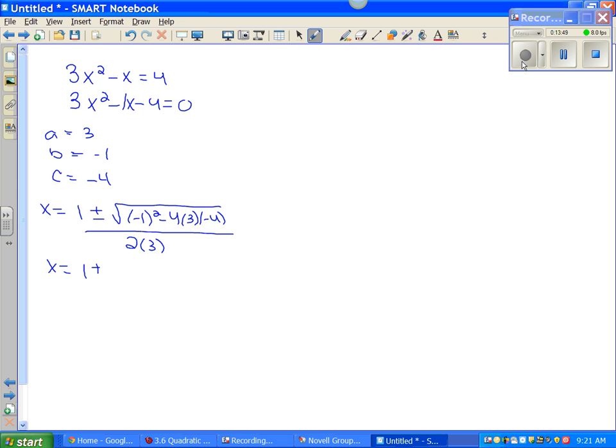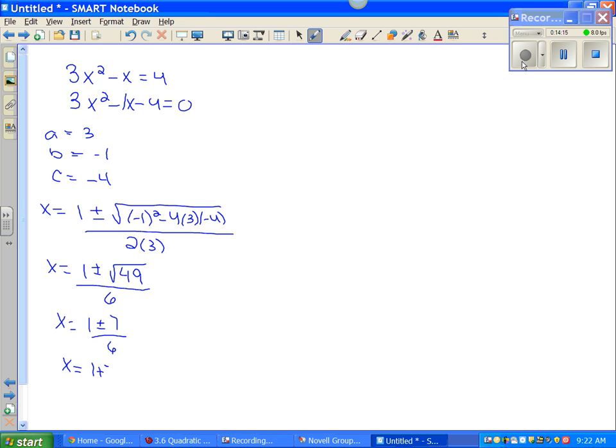Okay, so you get x equals 1 plus or minus the square root of 49. Do we agree? Over 6. So 1 plus or minus, the square root of 49 is 7, over 6. Don't lose your 1. I had like 3 people lose your 1. We just got rid of it, but I'm not sure why, so be careful with that. Okay, so how many solutions do you actually have here?